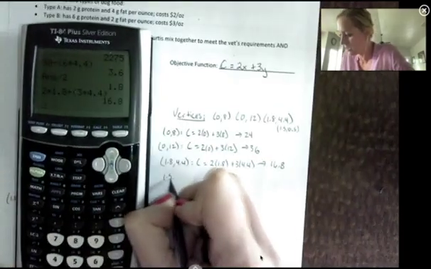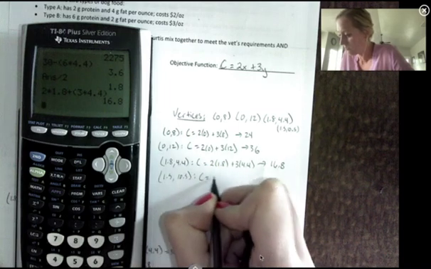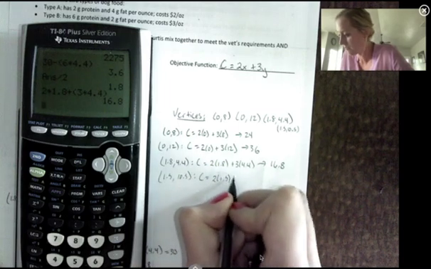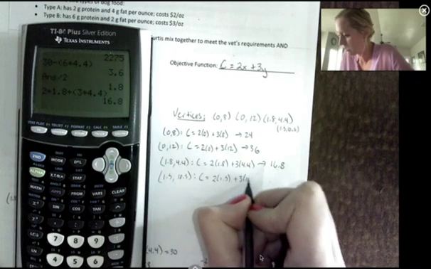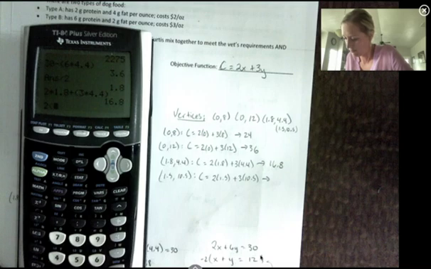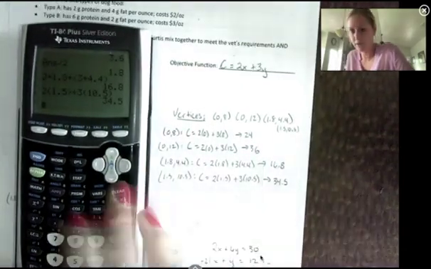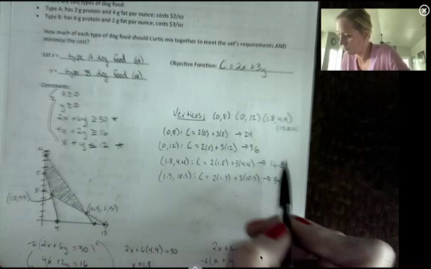Test 1.5, 10.5. So we have 2 times 1.5 and 3 times 10.5. All right, so our minimum here, you guys, is that 16.8.